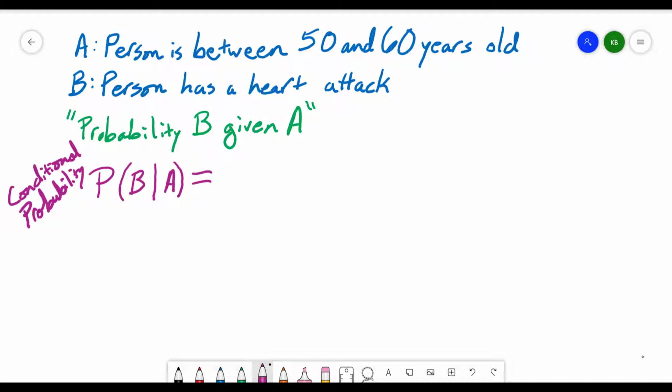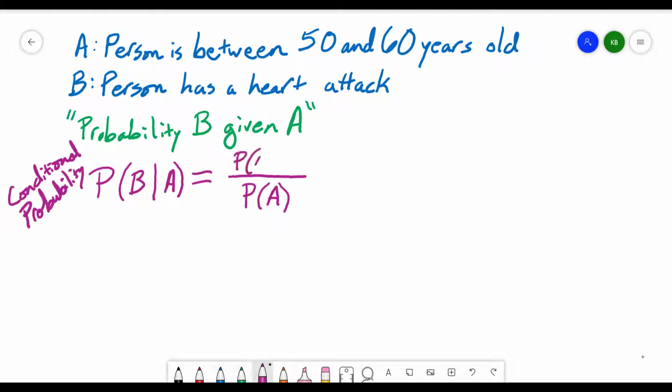So remember, when taking any probability, I'm looking at a fraction where my numerator is my favorable outcomes and my denominator is my total outcomes. So in this case, I know that A is going to occur. And so my total possible outcomes is actually the probability of my event A. And the ones that are favorable to me are the ones where both B and A occur.